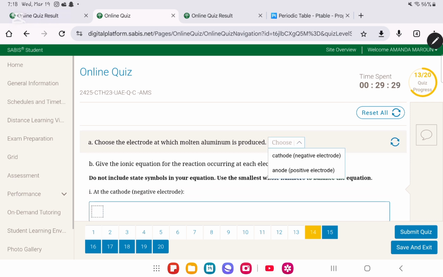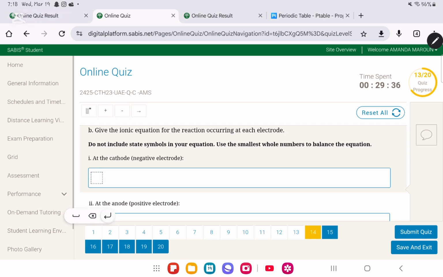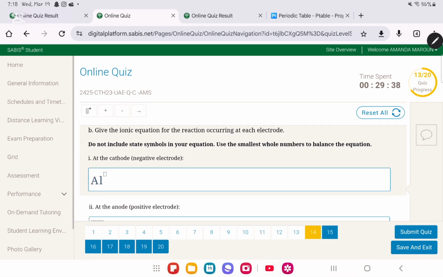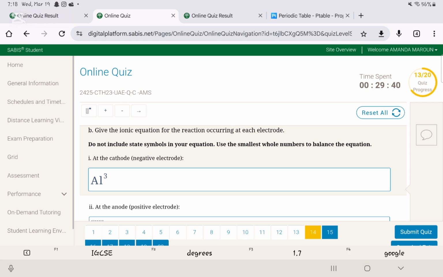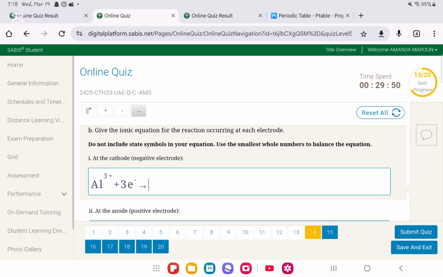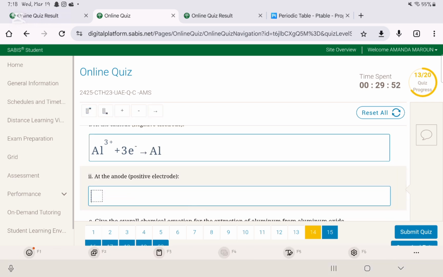So very simply, molten aluminium is produced at the cathode. Now at the cathode, the reaction is Al3+ in addition to 3e-, and it will form pure aluminium.